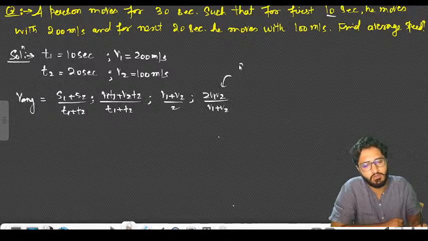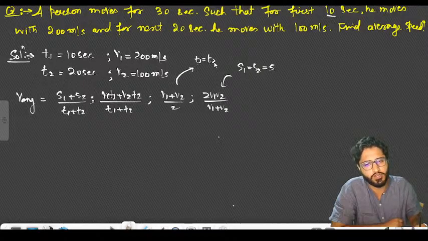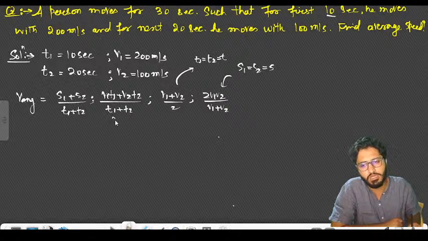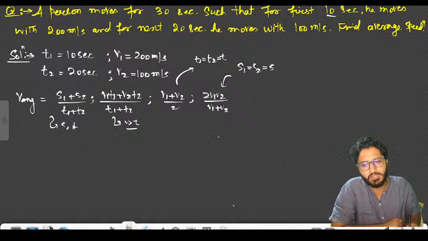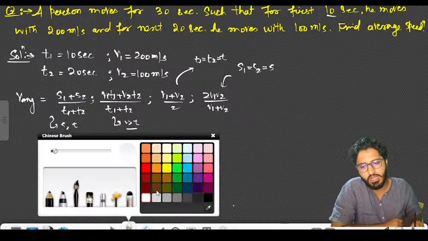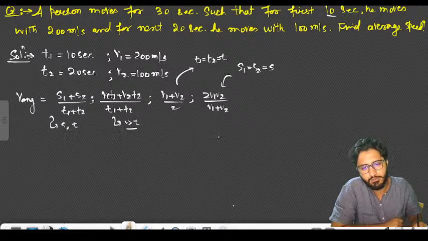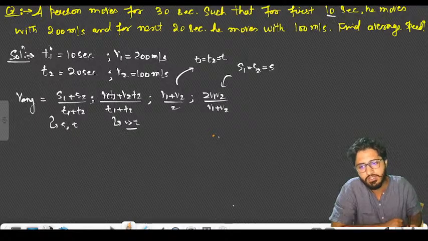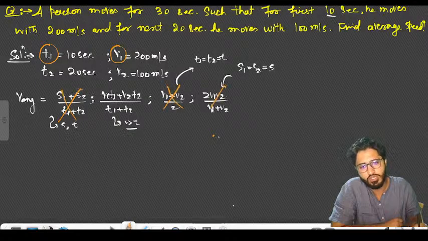This formula is when S1 equals S2, both equal to S. This is when T1 equals T2, both equal to T. This is when V and T are given. This is when S and T are given. Looking at the given parameters, you will understand that T and V are given, S and T are not given. So we have to apply this formula.